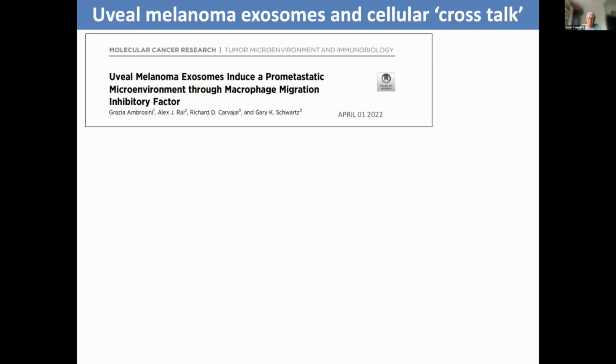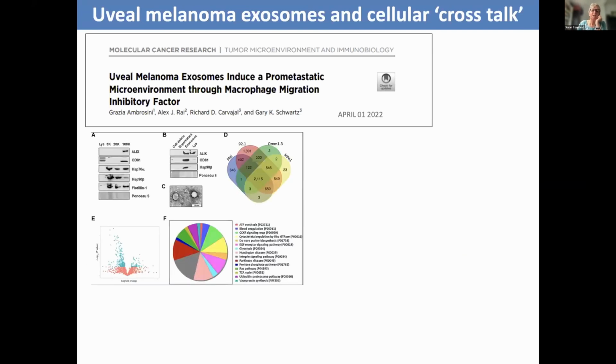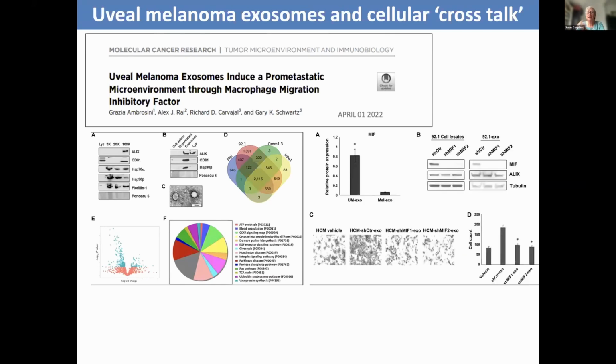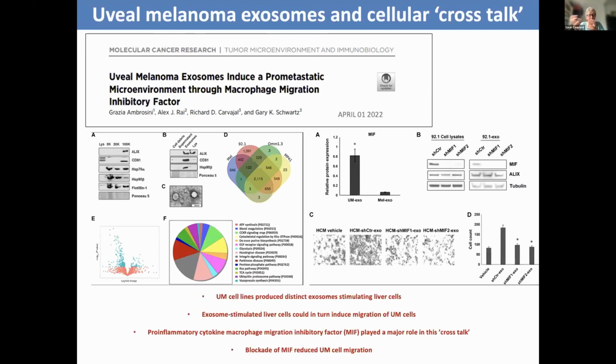This also has been an area of research by this group in New York, who looked at 3 different cell lines and compared them to normal melanocytes. They too found ectosomes or exosomes within these cell lines, and found that there was this crosstalk between the uveal melanoma cell lines and the liver cells, and also there was one particular factor called MIF, or macrophage migration inhibitory factor.